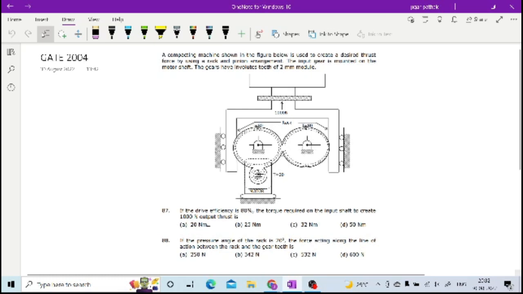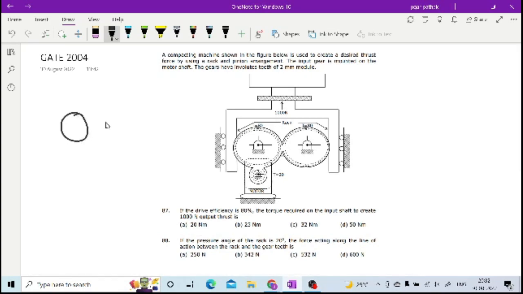So first let us do that only. Let me first give you some input, right? Because here you have to first draw this free body diagram, right? And here you have to generate that 1000 Newton thrust by this particular drive.